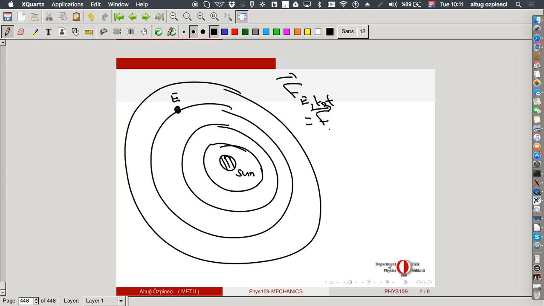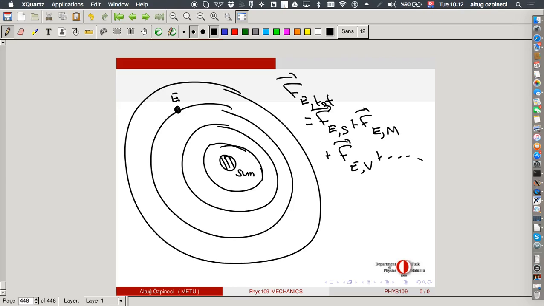It will be the force acting on Earth due to the Sun, because the Sun is exerting a force on Earth, plus a force acting on Earth due to Mercury, plus a force due to Venus, plus etc. All the planets in the solar system are exerting a gravitational force on Earth. So the force acting on Earth is not exactly pointing toward the sun.